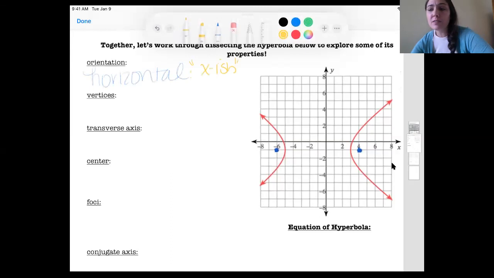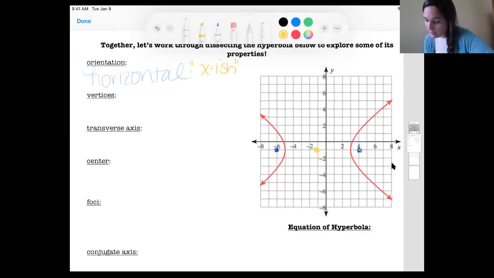All right, now its vertices. Remember the vertices, those are the points on the branches closest to the center. So first of all, where is my center? I don't know. Let me see. Actually, I do know. If I remember, our center is always going to be equidistant from the foci and from the vertices. So here, this is a focus right here. It's 1, 2, 3, 4, 5, 6, 7, 8, 9, 10 units.